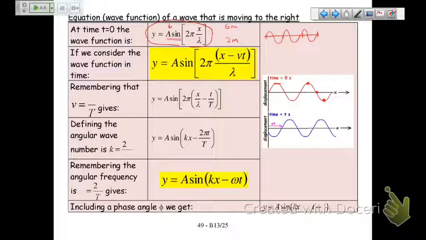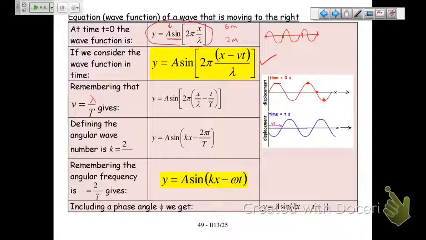So that's a really important equation and you should know it. Let's do some math. I'm going to say v is equal to lambda over T, the wavelength over the period. So I can substitute in for v.